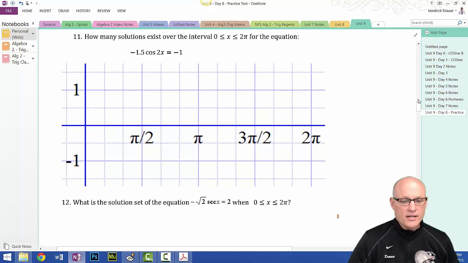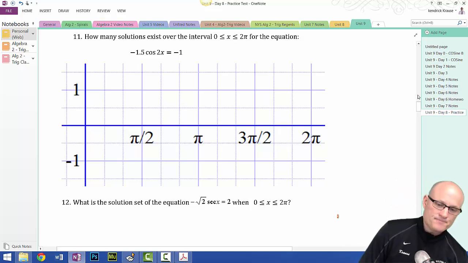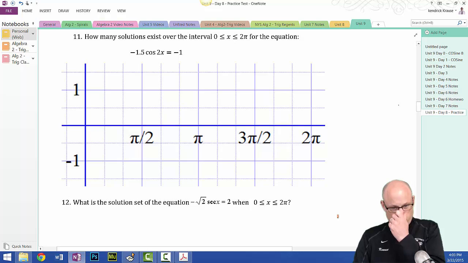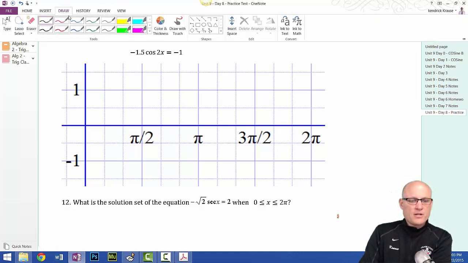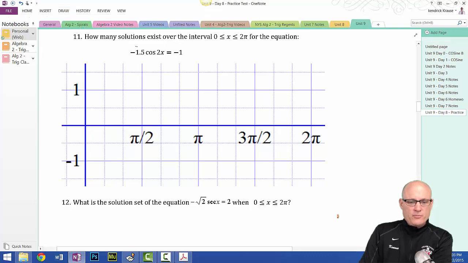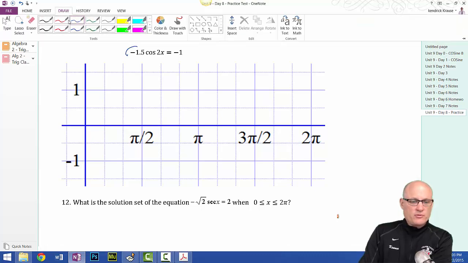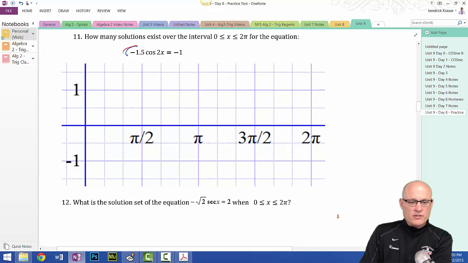Oh, man. So here's what we're going to do. We're going to treat these as two different functions. I'm going to treat this one as the, no, I'm not going to use blue because blue won't show up here. I'm going to use this one as the green or the red. That's the most complicated one. And I'm going to do this one as another separate function. So I'm going to just draw in the line y equals negative 1.